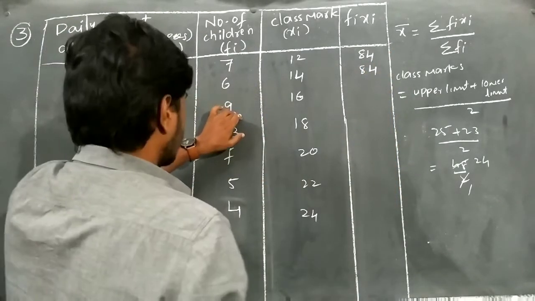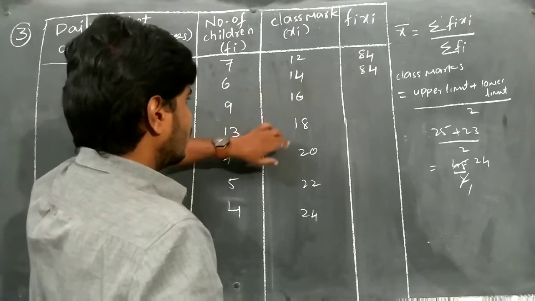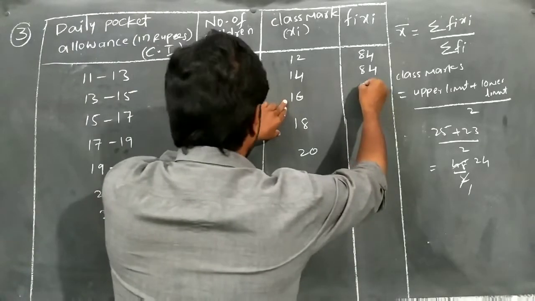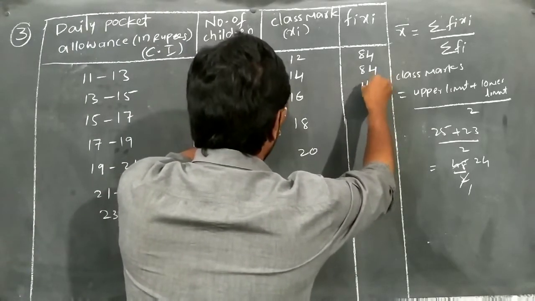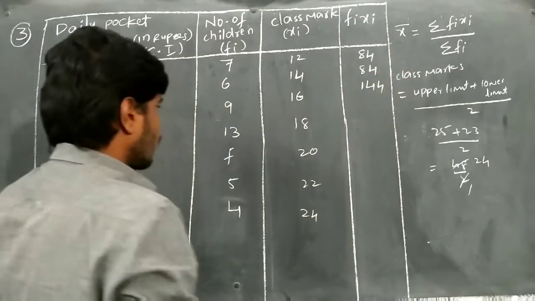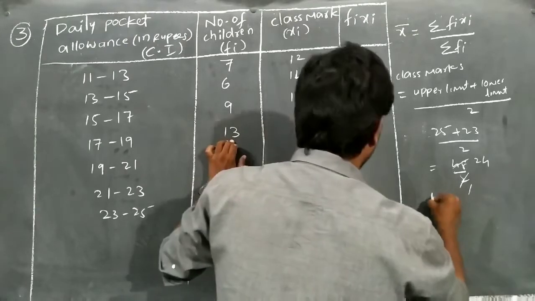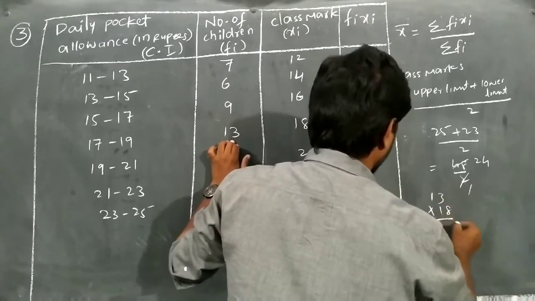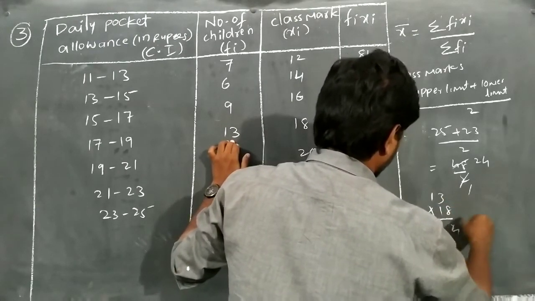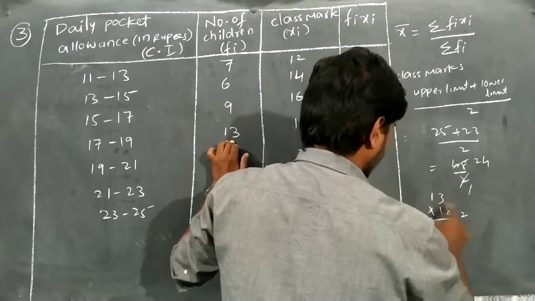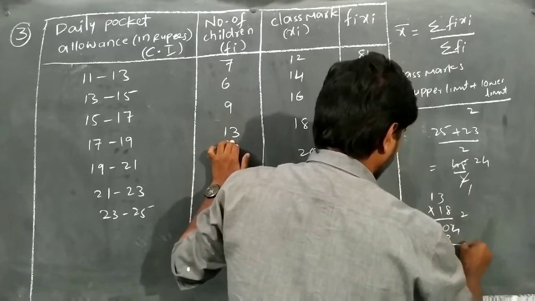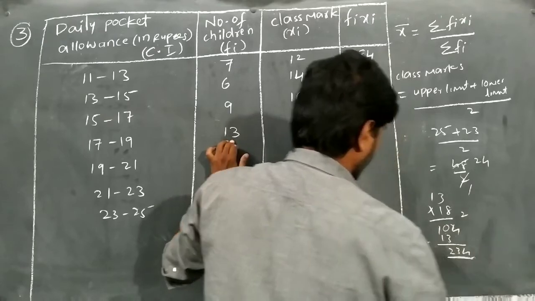9 into 16, it becomes 144. Next, 13 into 18. 8 threes are 24, 8 ones are 8, 9, 10, again 13, 4, 3, so 234.